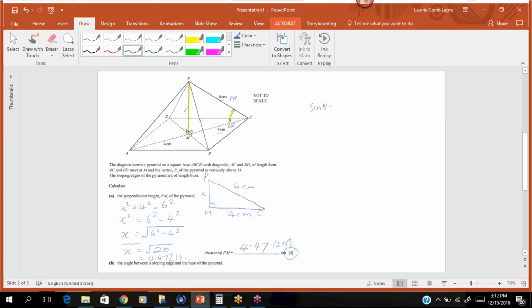You must know these 3 ratios. This you don't have to write on the test. Cos is adjacent over hypotenuse, and tan is opposite over adjacent. So we're going to use this rule here. In our space underneath, in part B, we'll write cos of our angle, which is what we're looking for, equals adjacent, which is 4, over our hypotenuse.